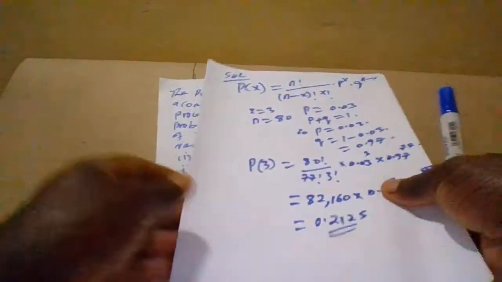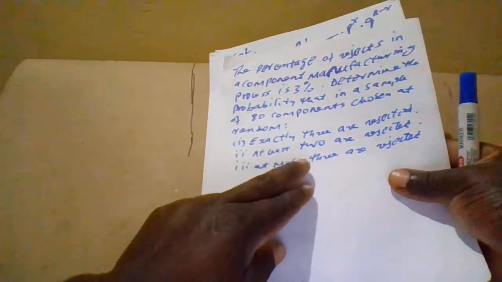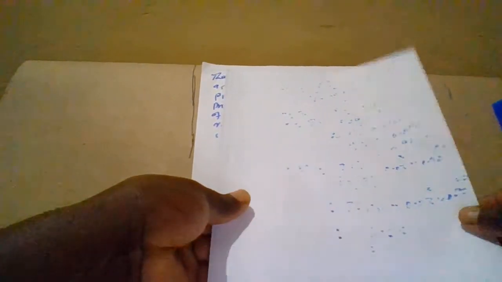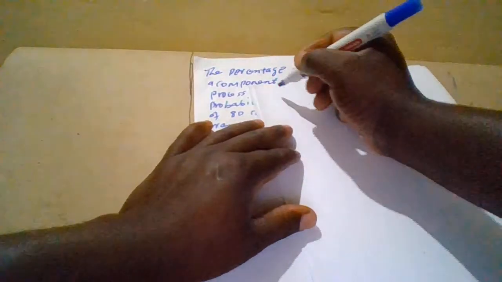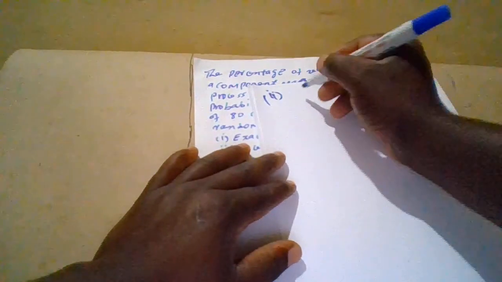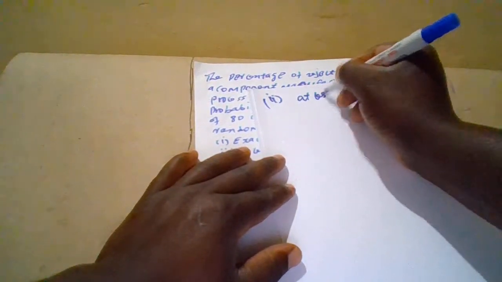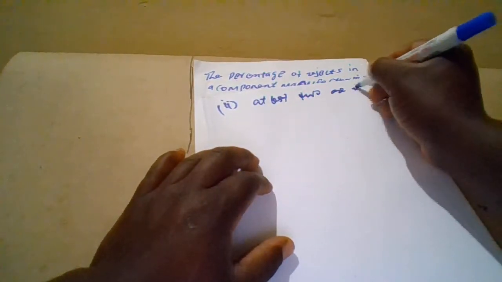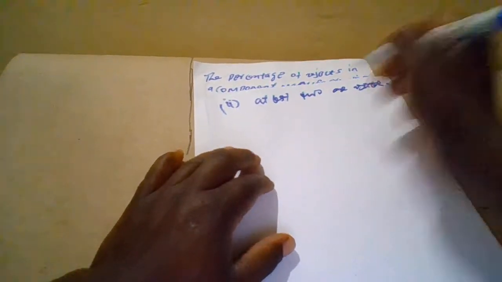Move on to part 2, at least 2 are rejected.